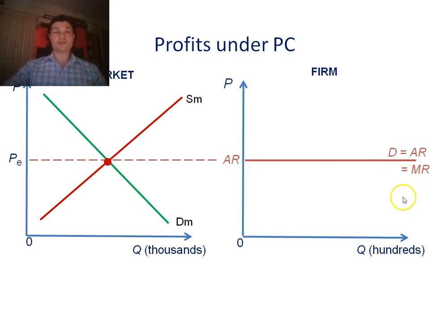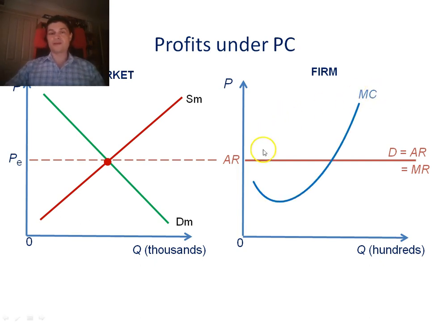The next step would be to draw a marginal cost curve, which is basically drawn as a Nike tick. So let's just do it. So just do it. So the marginal cost curve is basically falling in the beginning, then the diminishing marginal return sets in, and then it starts rising.